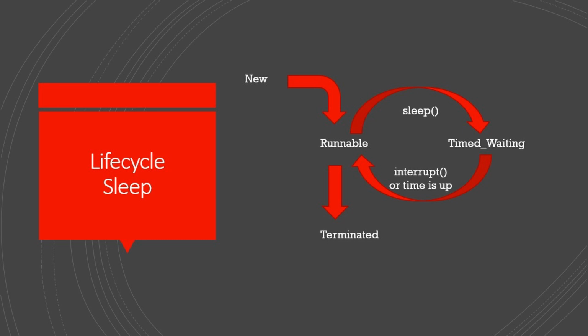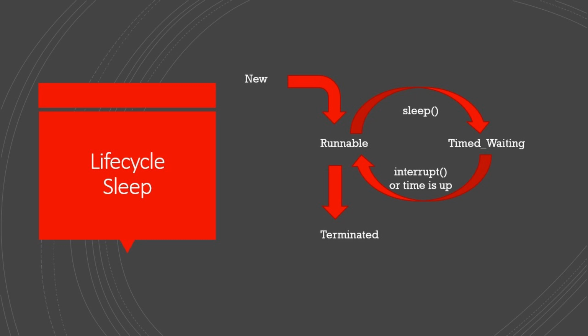It's in a runnable state, but it's waiting to be picked up by the scheduler. Okay? Then, once the scheduler says, you're fine, you can start running again, that's when it gets back to work and hopefully will end in a timely fashion and finish up at the terminated state. Okay, so that's the sleep lifecycle.